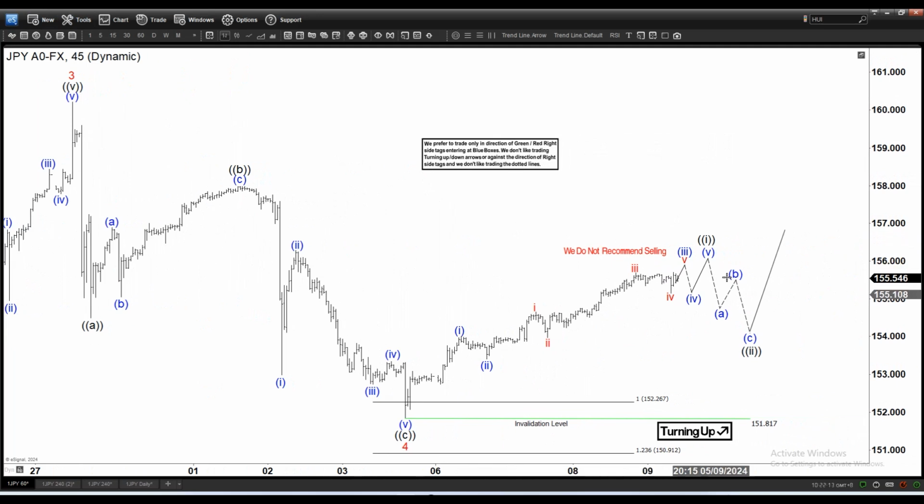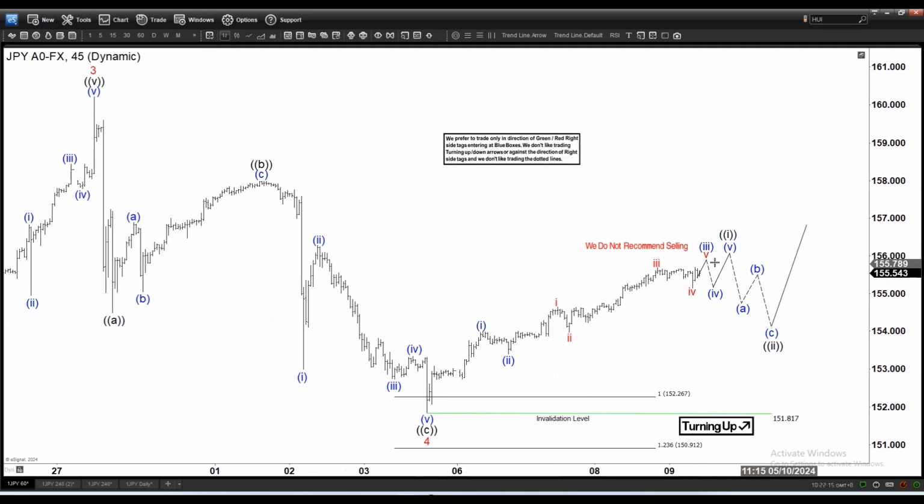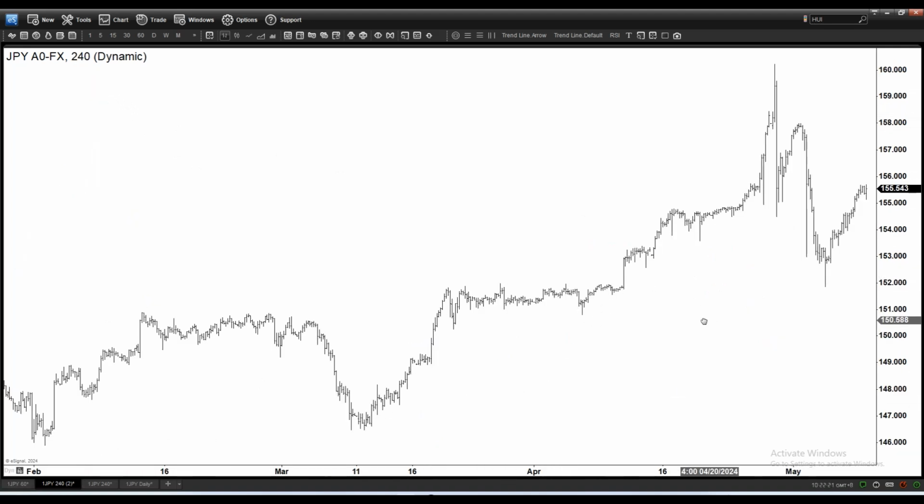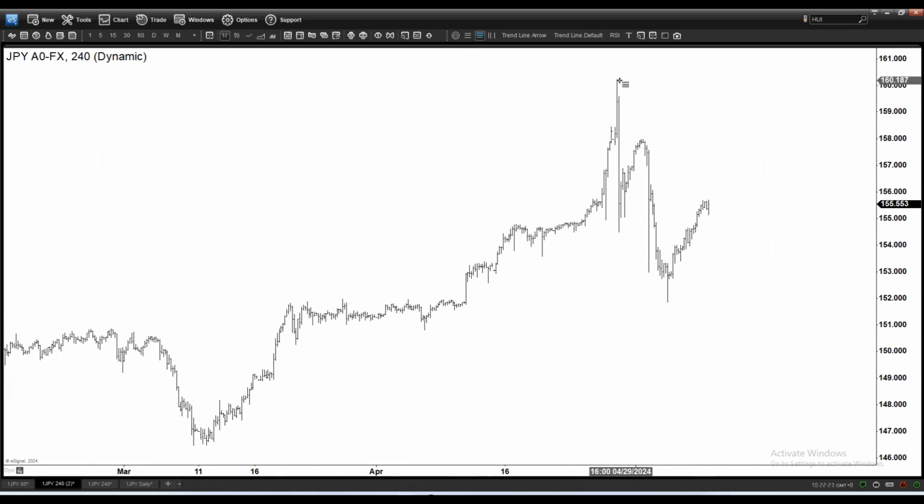But technically we are now in what I call a transition period in which we bounce from the 100%. In fact, if you look at the 4-hour, like we mentioned before, we got a 3 ways down. If this is AB, then this is bouncing precisely from the 100%, more or less. We did buy this, by the way, in the service in the live trading room.